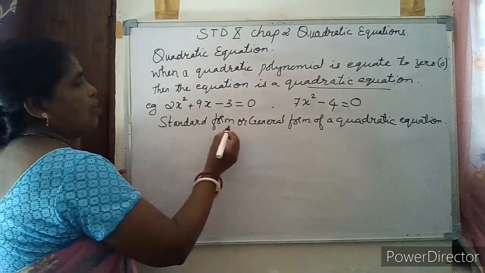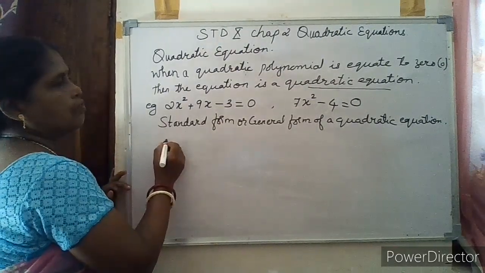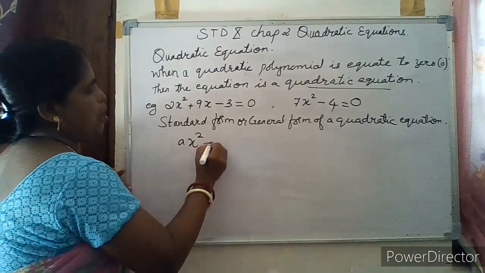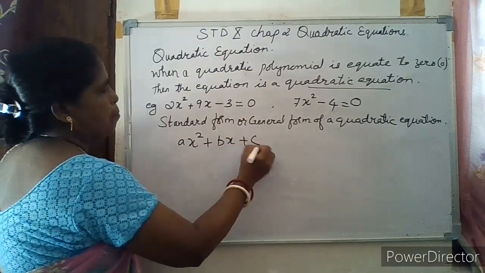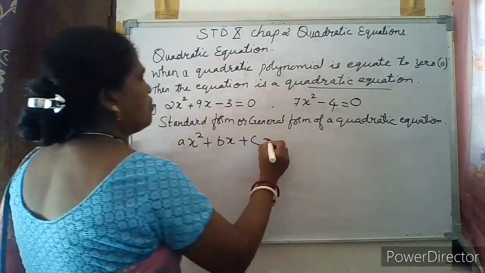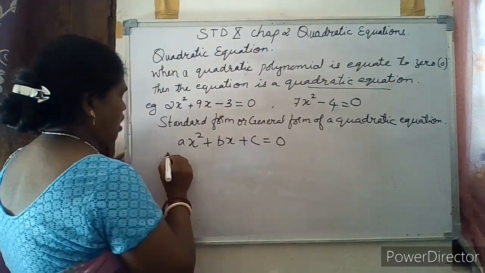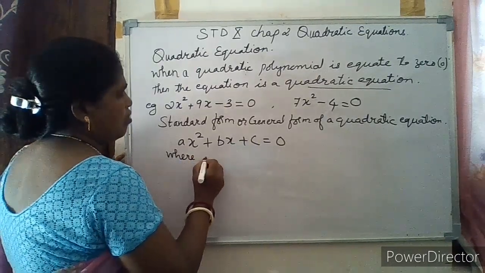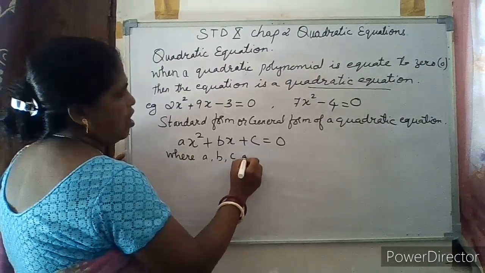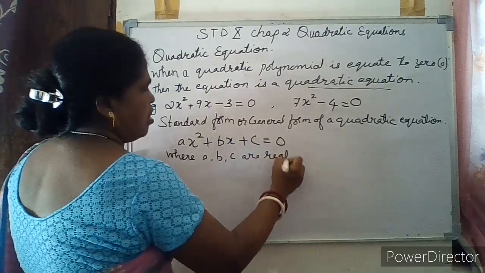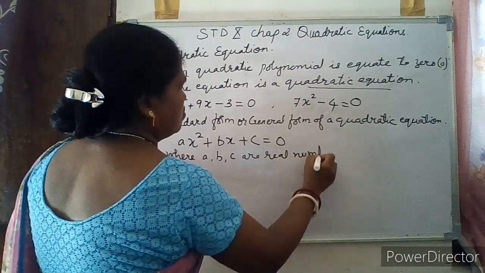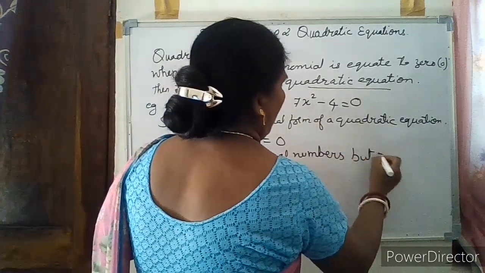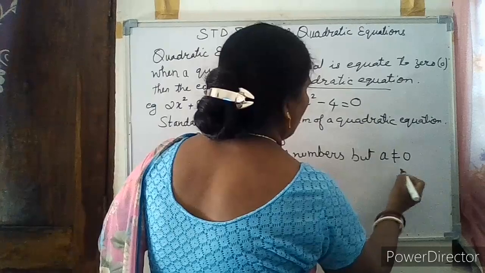The standard form or general form of a quadratic equation is always in the form ax squared plus bx plus c equal to 0, where a, b and c are real numbers, but a is not equal to 0.